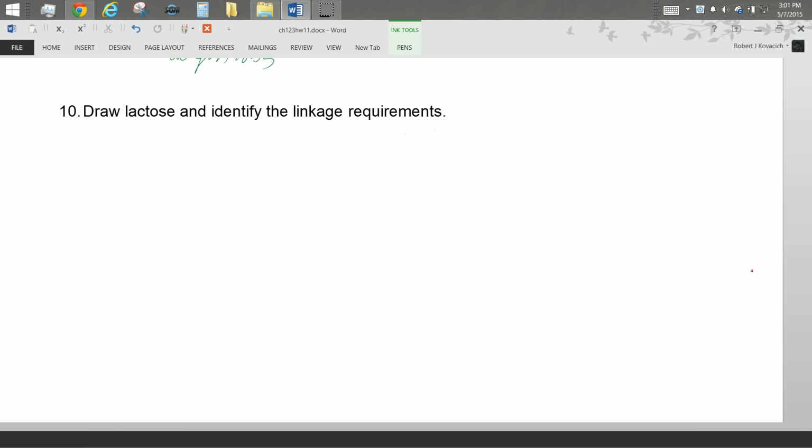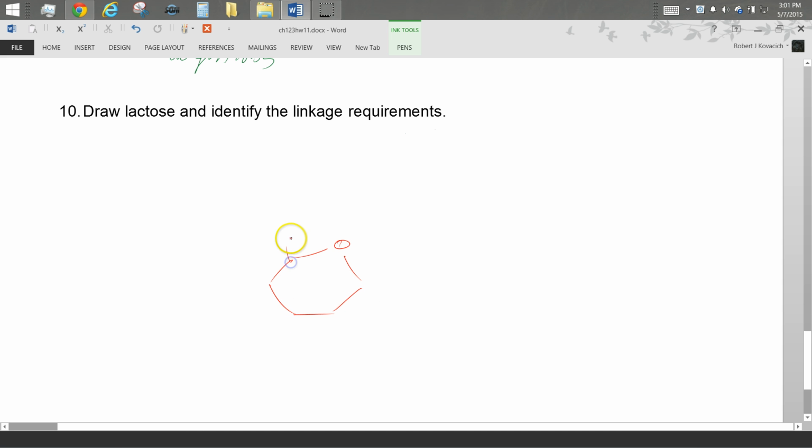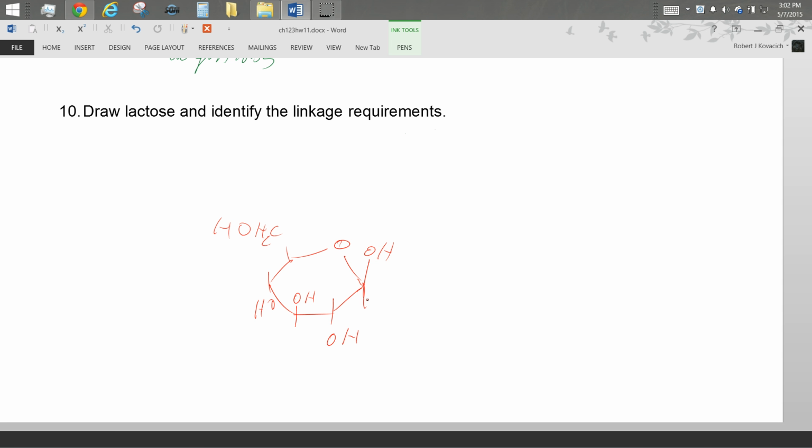So what's the lactose molecule look like? What do I need? Lactose is glucose and galactose. Beta, D, no, lactose, and alpha, D. So are we okay with this being D beta glucose?